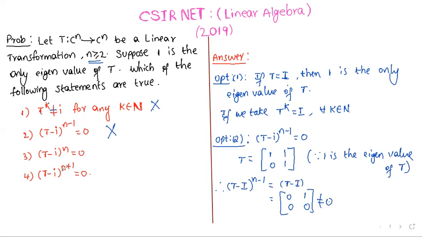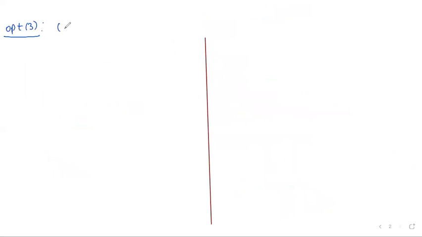Now option 3: (T minus I)^n is equal to 0. Since 1 is the eigenvalue of T, all the eigenvalues of T minus I are zeros.